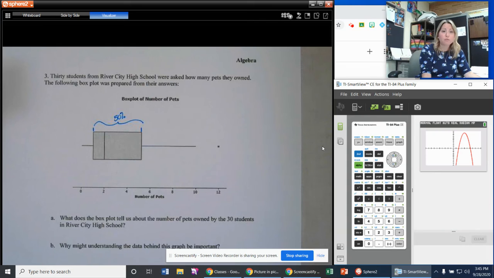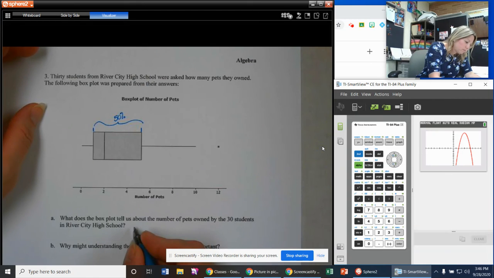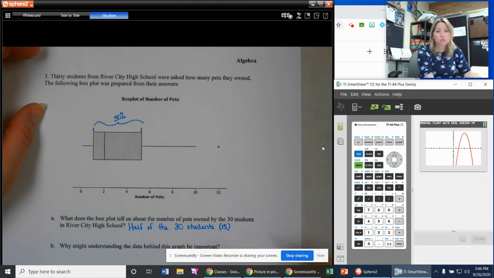So half of the students own between 1 and 5 pets. What's half of 30, by the way? 15.